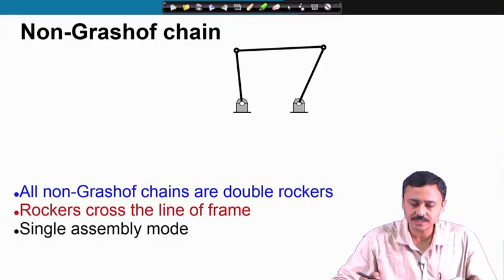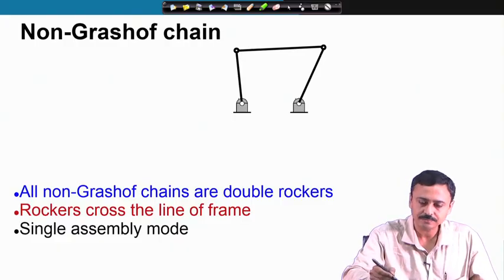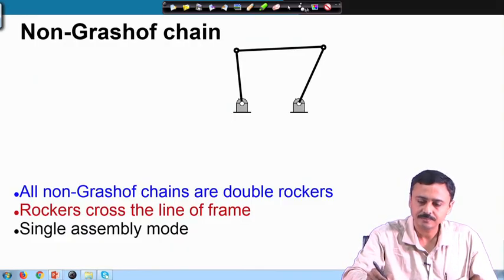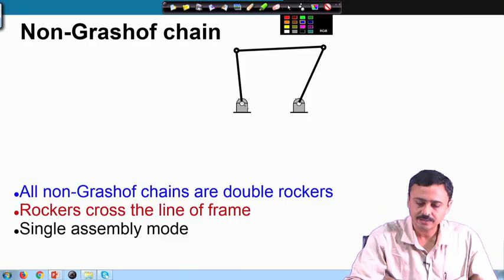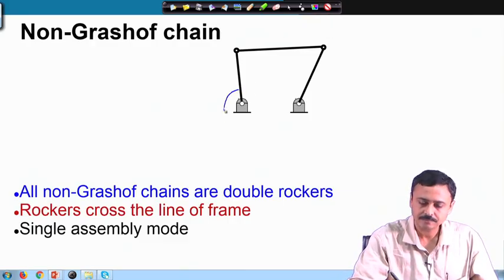If you consider this as a non-Grashof chain, then as this rocks, it will come to another configuration.